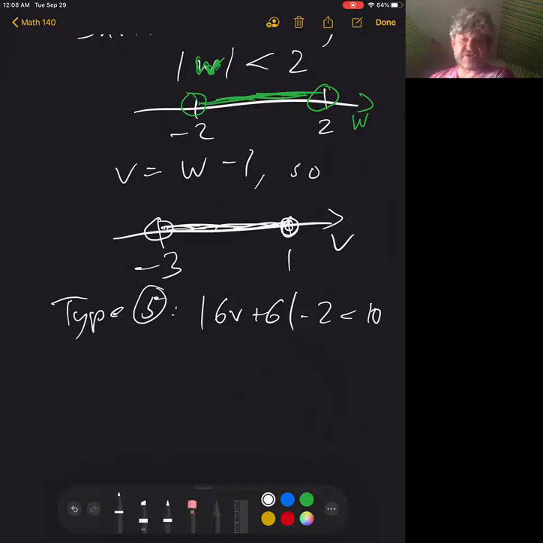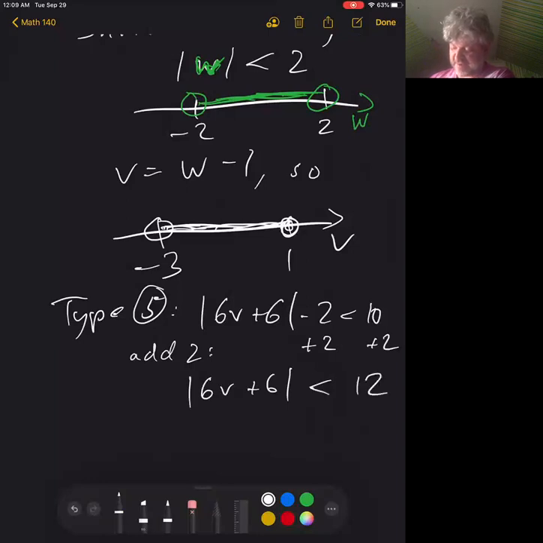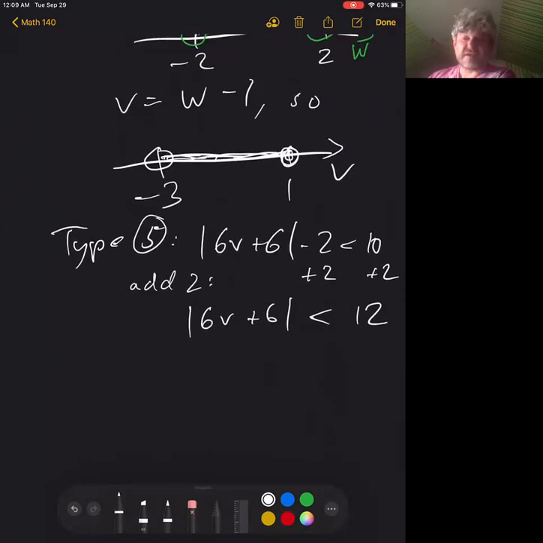First step, I would add 2 to both sides. You want to go slow and careful, write it down like this to both sides. So now we got absolute value of 6v plus 6 less than 12, which is exactly the previous example. So if you hadn't seen that previous example, you would start now, divide by 6 and shift.